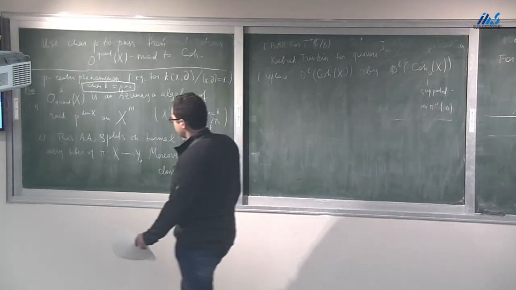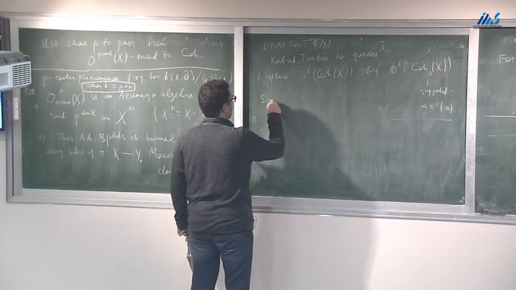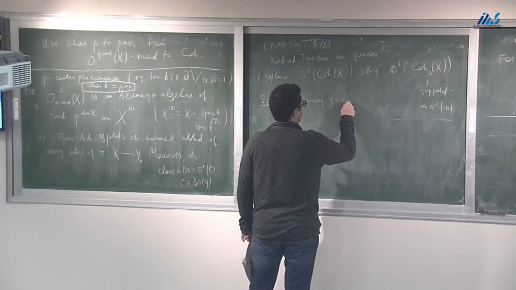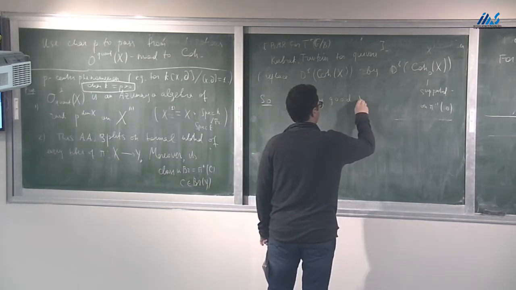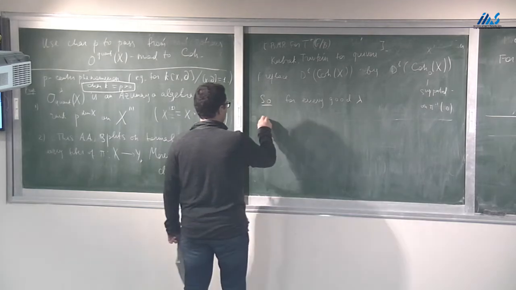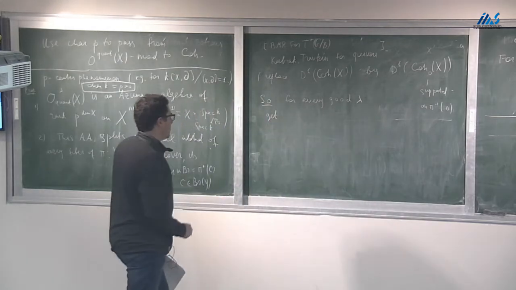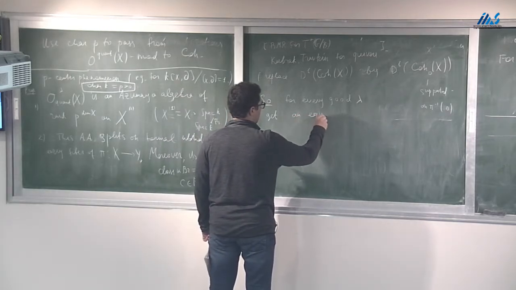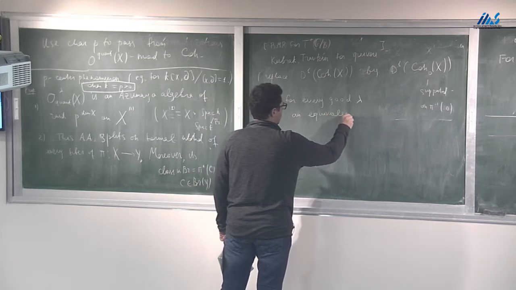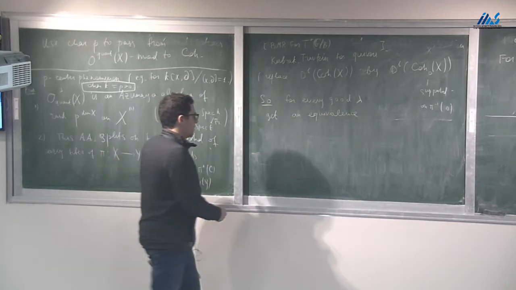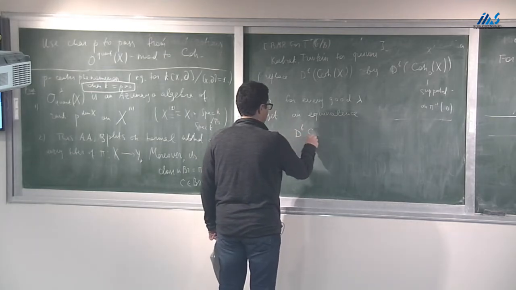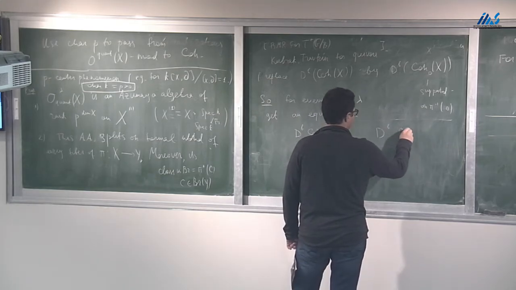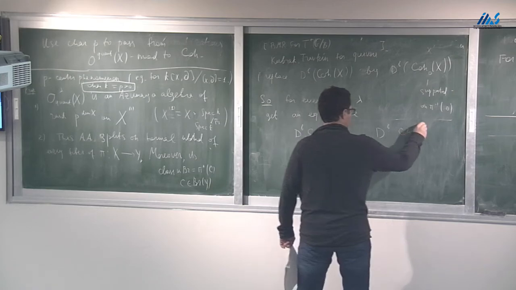And then for every good lambda, we get an equivalence D^b Coh of X to D^b Coh of X prime.